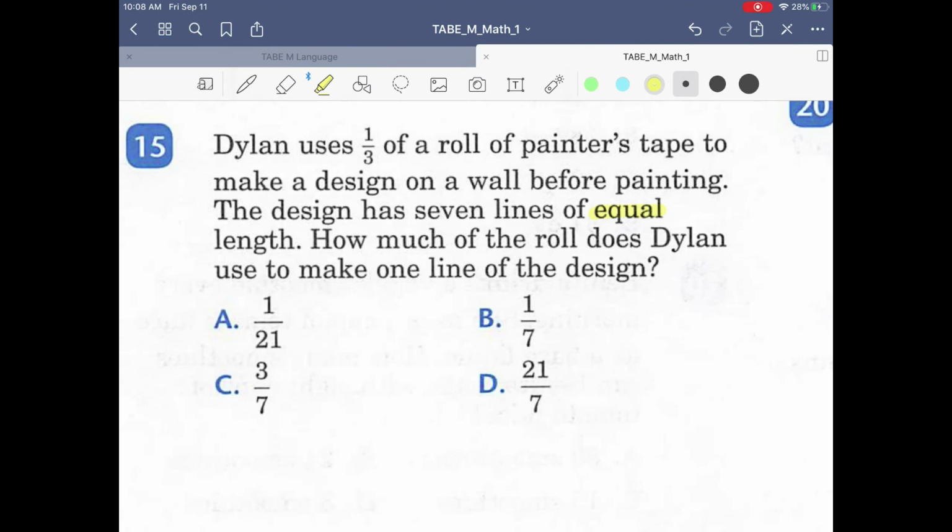And since it's equal breaking down, it's division. So we have 1/3 divided by 7 over 1, or 1/3 times 1/7, and that gives us 1/21. So A is the answer I want here. 1/21 of a roll.